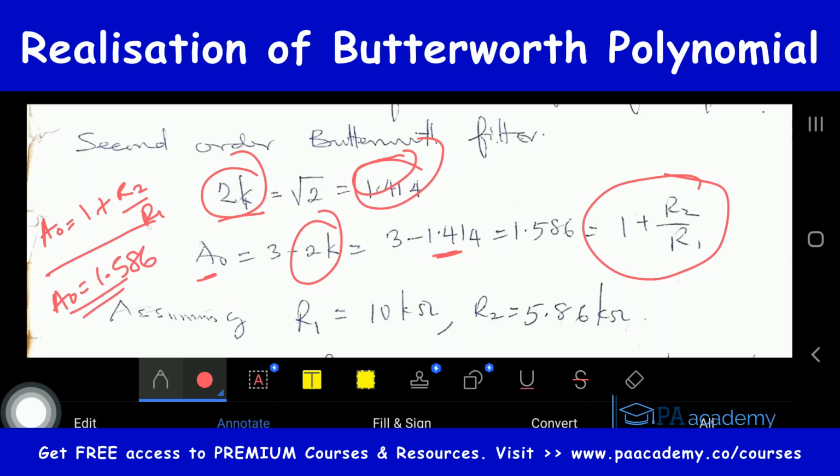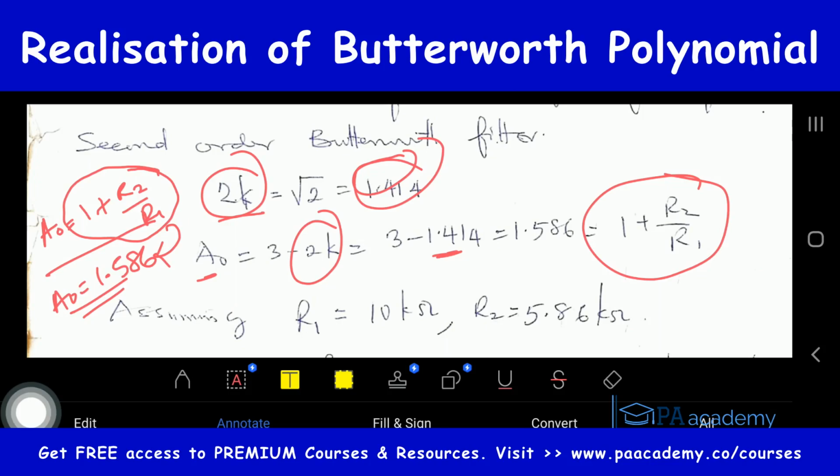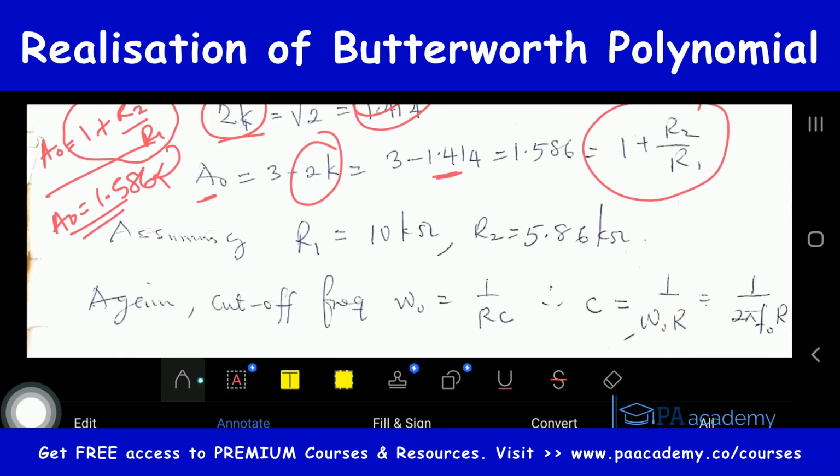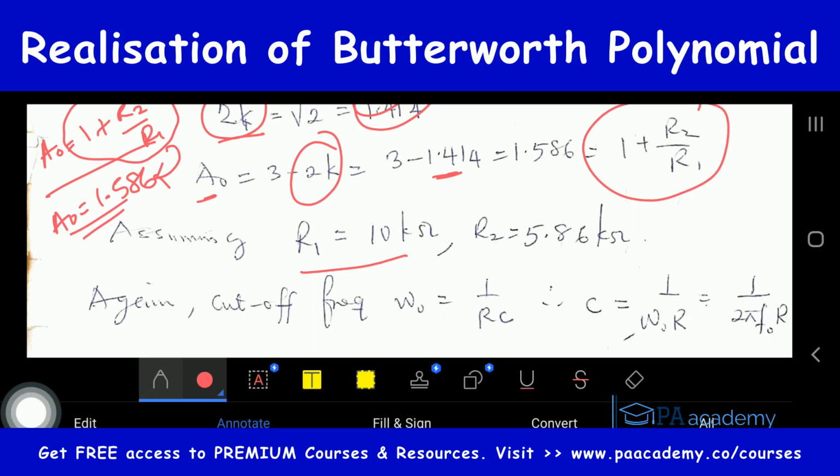What we want is to have it in this form, a series of values, and if you solve it you are going to get 1.586. For us to achieve that, assuming R1 is 10 kilo ohms, then R2 will be 5.86 kilo ohms.